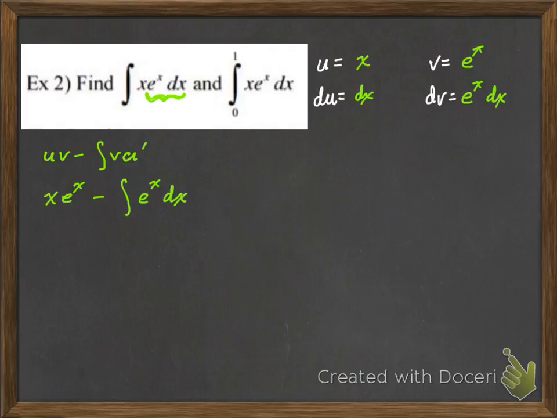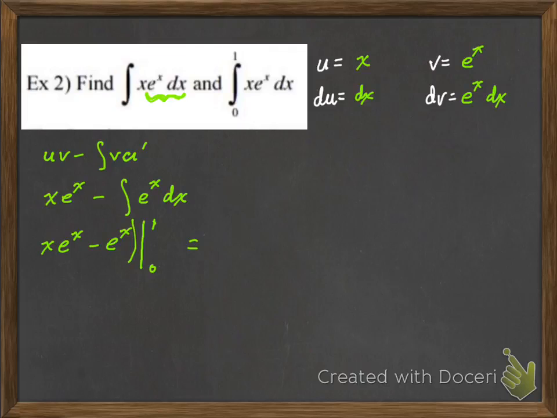Now the integral of e to the x works out easy enough. That is going to give us e to the x, and that is our antiderivative that we are now going to evaluate between 0 and 1.